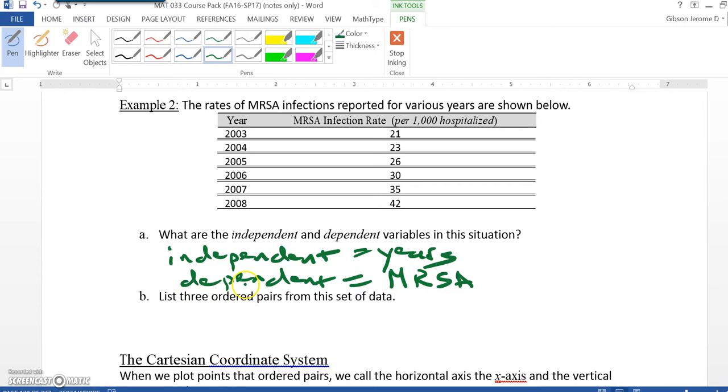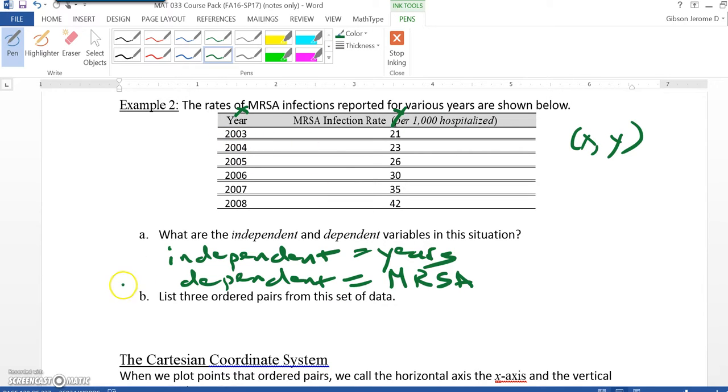Now it says here, list 3 ordered pairs from this set of data. Okay, first of all, since we determined whenever you have a table, it's typically set up with the independent first and the dependent second. I say in most situations this is the case. And we also listed it here. So years is really your X and the MRSA is really your Y. So we know ordered pairs are written as X comma Y. And for B, they asked us to list 3 of these.